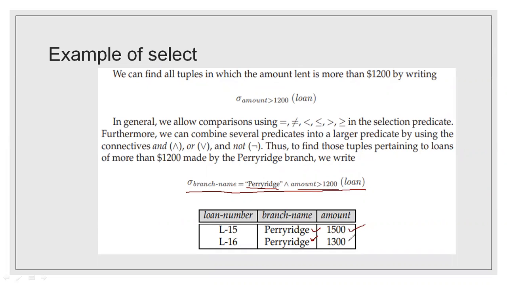That's why 1500 and 1300. So this is how combination is done for a particular predicate.